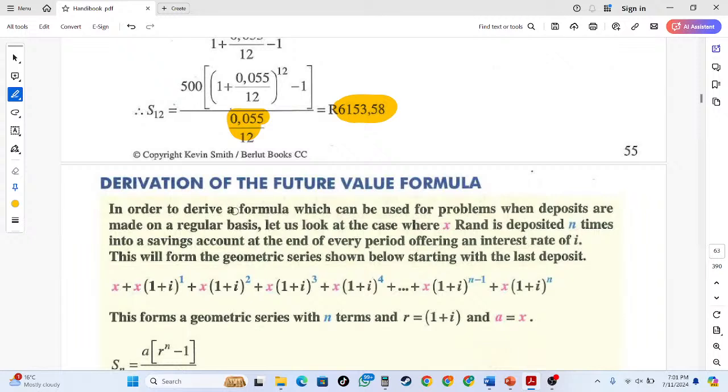In order to derive a formula which can be used for problems when deposits are made on a regular basis, let's look at the case where X rand is deposited n times into a savings account at the end of every month, offering an interest rate of i. So you're getting an interest for every month.